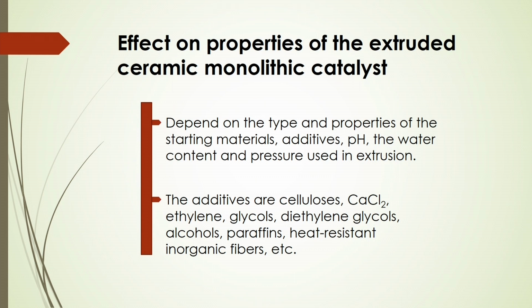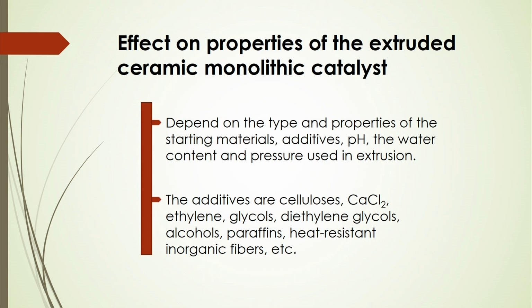Now, what are the different effects on the properties of the extruded ceramic monolithic catalyst by the extrusion process? It generally depends on the type and properties of the starting materials you are initially using for the extrusion process, what type of additives you are using, and the medium condition, whether it is acidic or alkaline.